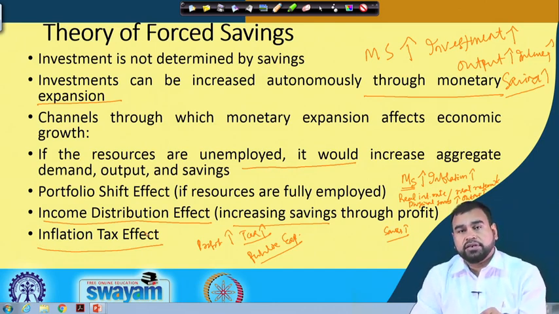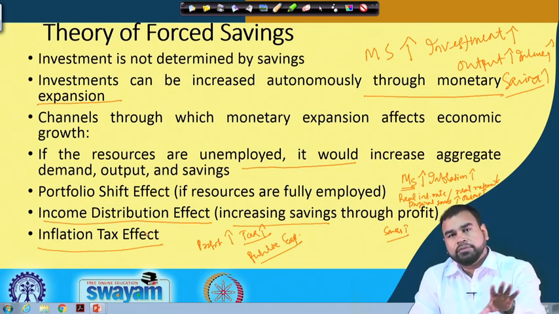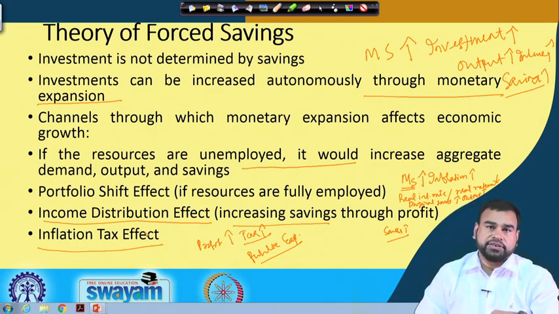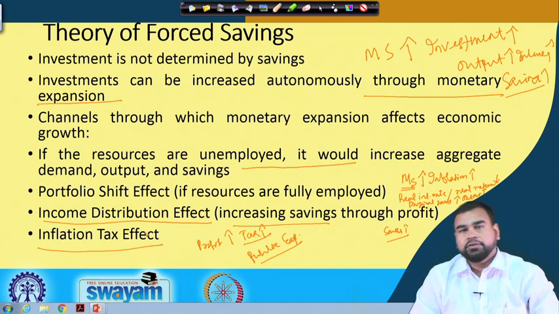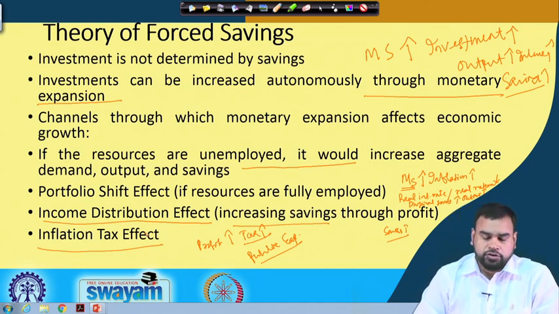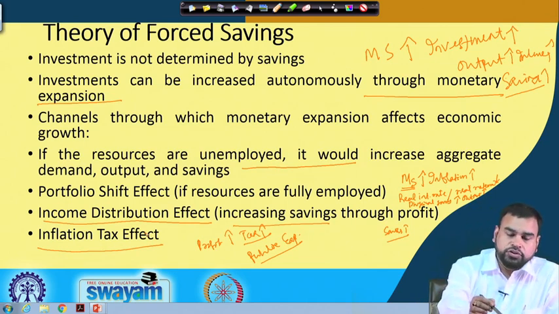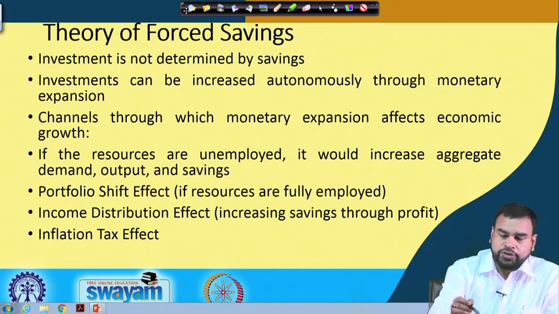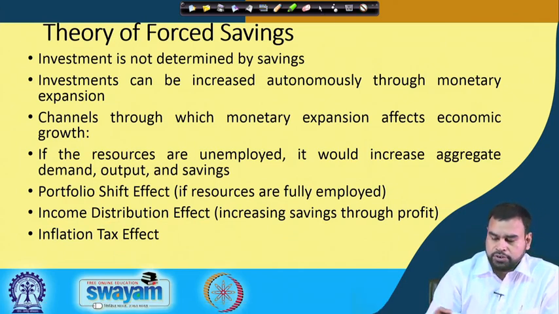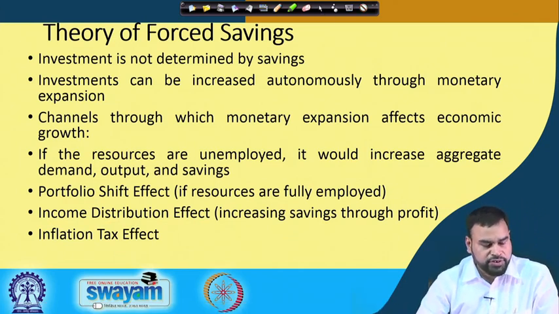Because inflation is already a little bit higher, the price of the product is a little bit higher, so the profit level of the producer will be more. Once the profit is more, they will pay more tax, and once the tax comes to the government, it can use it for public expenditure, and automatically this contributes to the growth process to a larger extent. So, in this process there are different channels through which monetary expansion can affect the growth process at large.